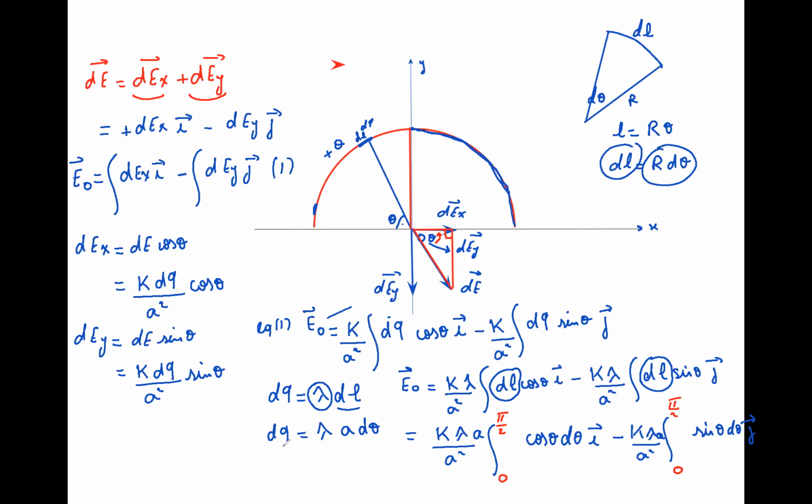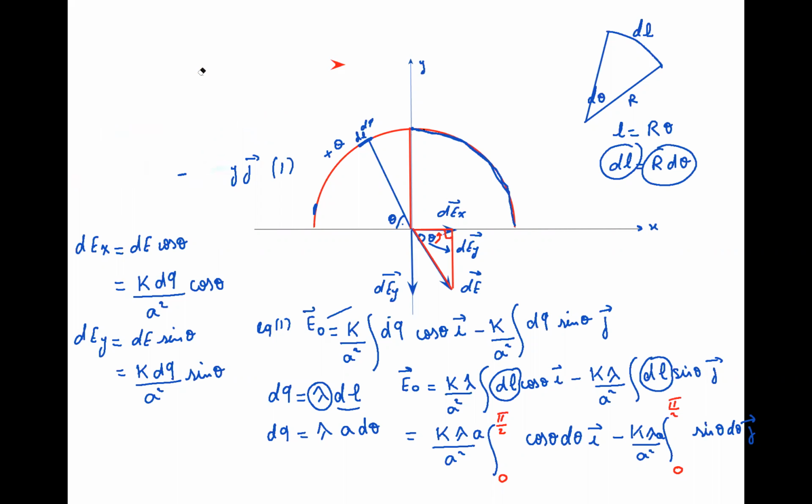We do the calculation. Let's write here. E equals k lambda divided by a. We cancel one here and one here.